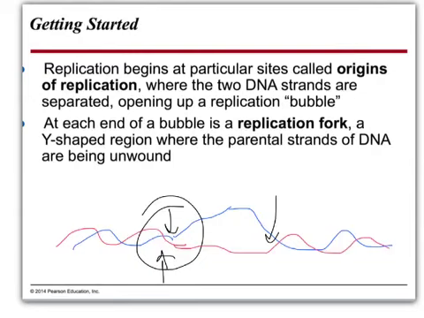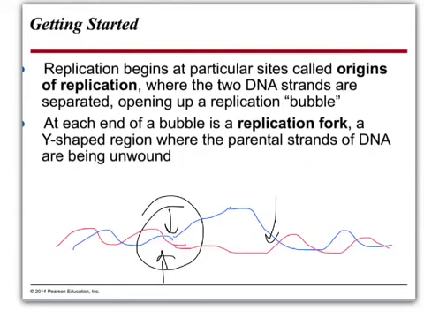So let's go through what we already went through. DNA replication starts at an origin of replication, and at that origin, DNA unwinds and forms a replication fork. And I've now told you that a protein, an enzyme, is responsible for binding to DNA and opening the replication fork.